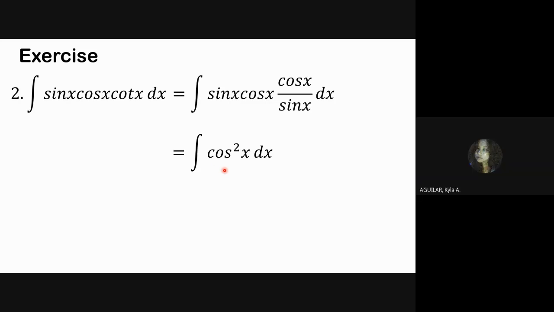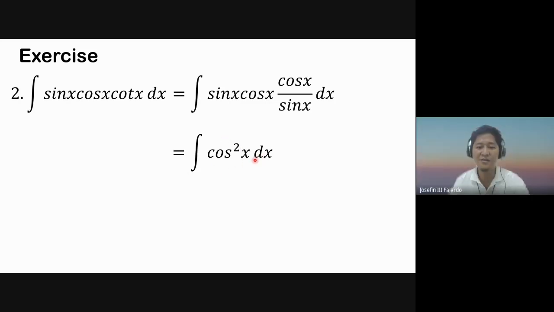And then integral of cosine squared x dx, meron na tayo kanina, di ba? It's 1 over 2, or u over 2 plus sine 2u over 4. Right?